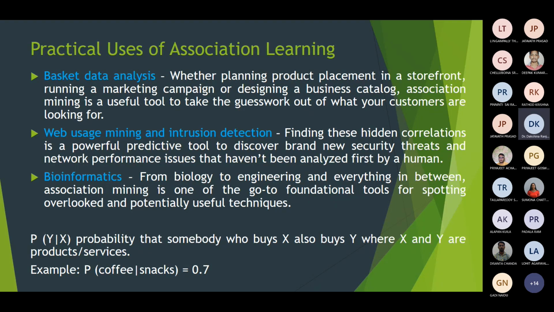Here we have two items x and y. We try to find the probability p of item y when item x is given. So here we try to find the probability of y given x.